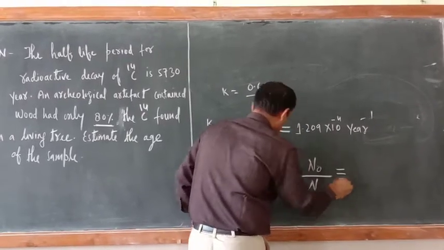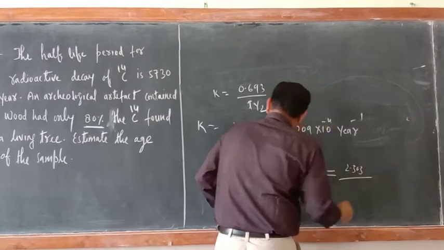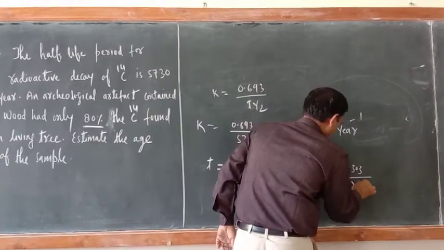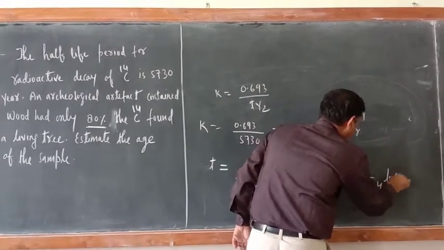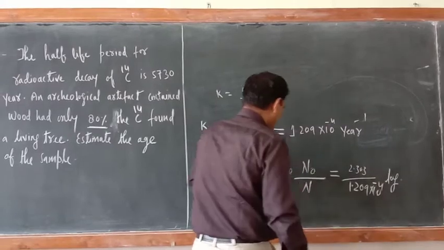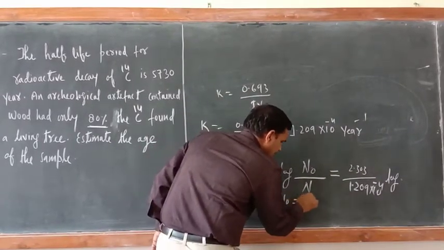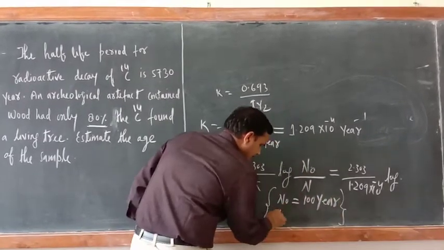Already I told you the meaning of this equation. Now if you fill in the values, 2.303 divided by K. The K value is this one only, 1.209 into 10 raised to the power minus 4. Now here log. What is N0 here? N0 is the initial concentration, that is 100. And what is N here?